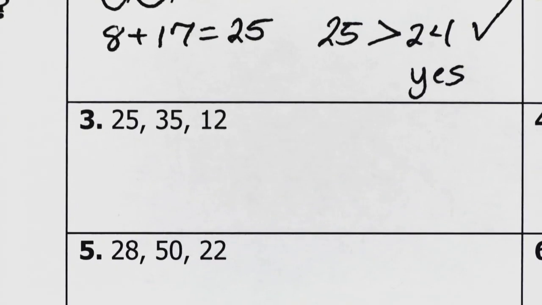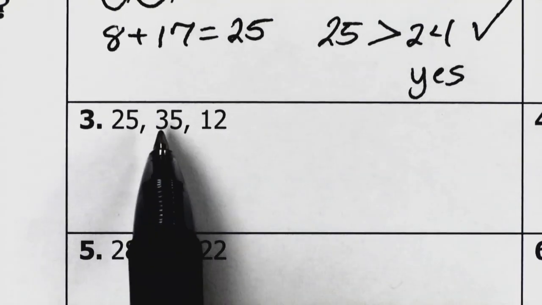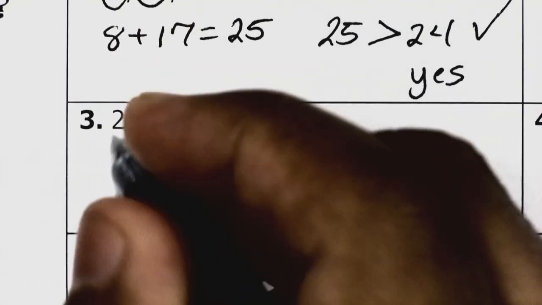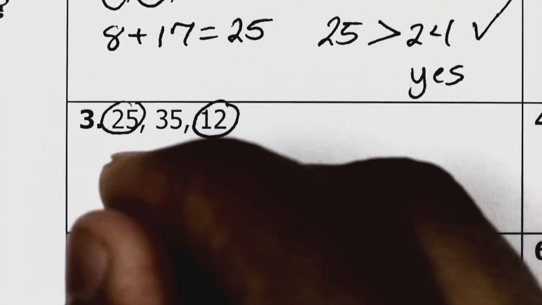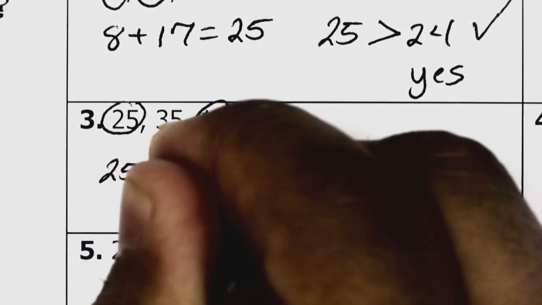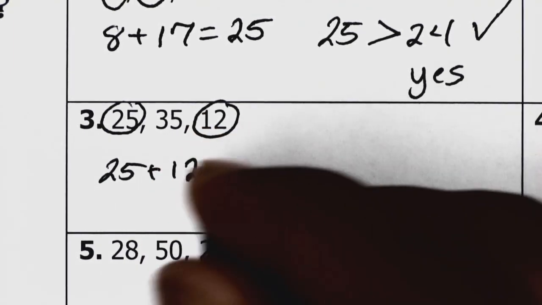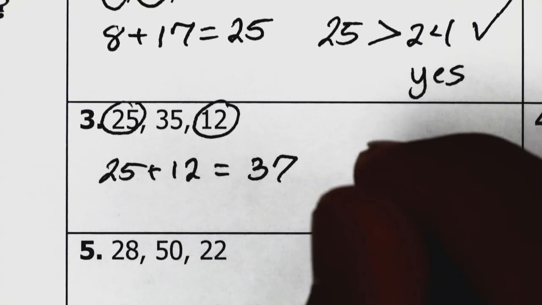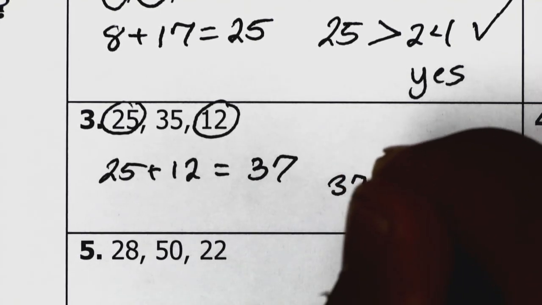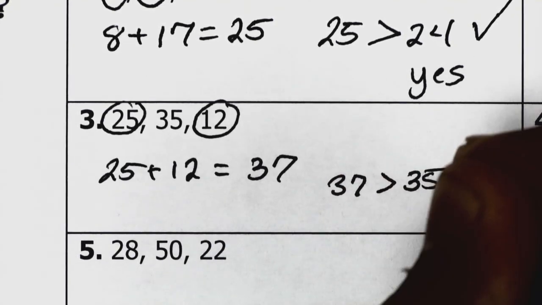All right, number 3, 25, 35, and 12. So the 25 and the 12 are the two small numbers. So 25 plus 12 gives me 37, which is greater than 35, so that's a yes.